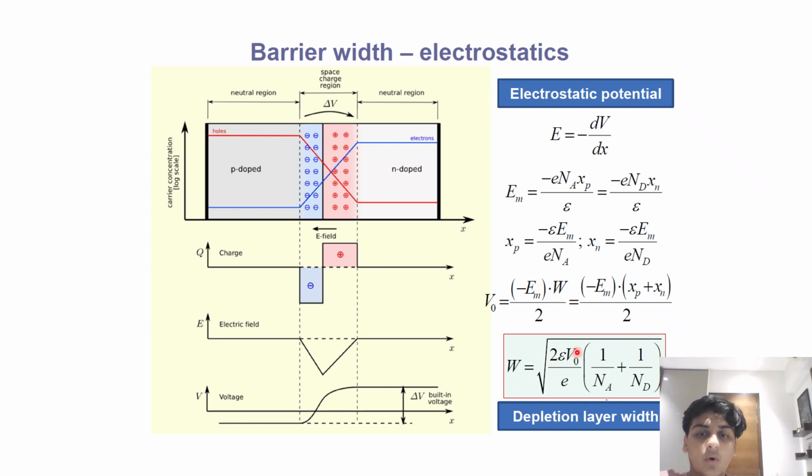And obviously we know that this built-in voltage expression is something which we already have access to. So now we have this expression for the depletion layer width, and we can substitute the value of V naught into this, which we had already calculated.